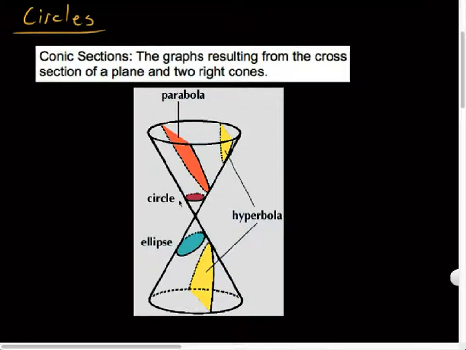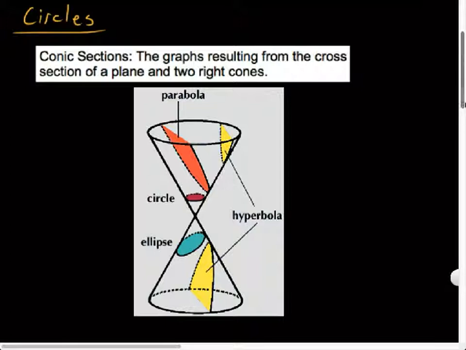Technically, there are degenerate cases where if you swipe right through the middle, you get a single point, or swipe right along the edge, you get a line, or swipe right down vertically, you can get an X or two lines formed. But those are called degenerate cases. We're not necessarily interested in those. We're going to talk specifically about the other ones.